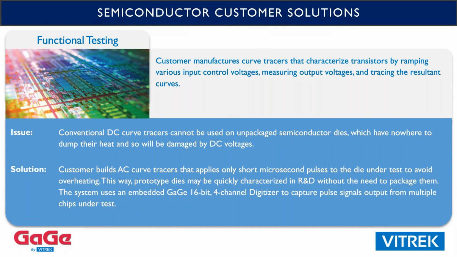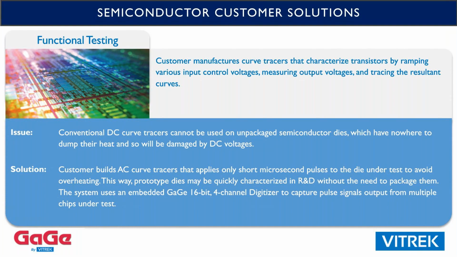So you may have seen one of these analog devices way back in the 60s or even earlier. It looks like an oscilloscope, but it produces elaborate traced curves that characterize the transistor.